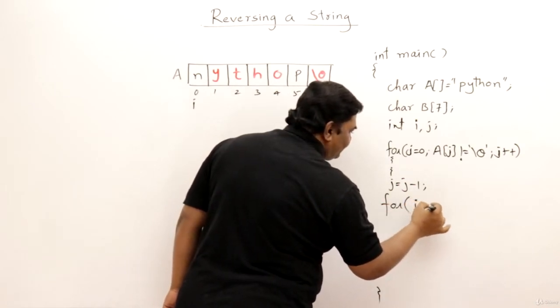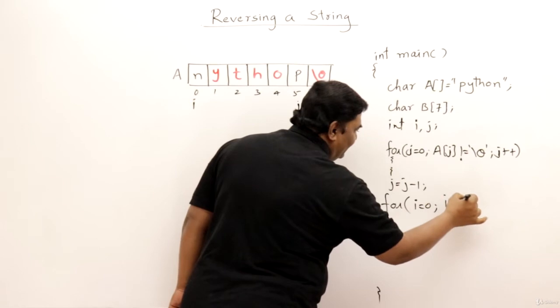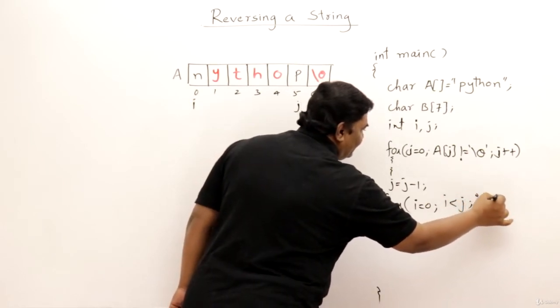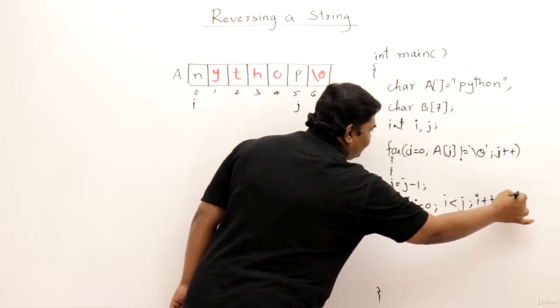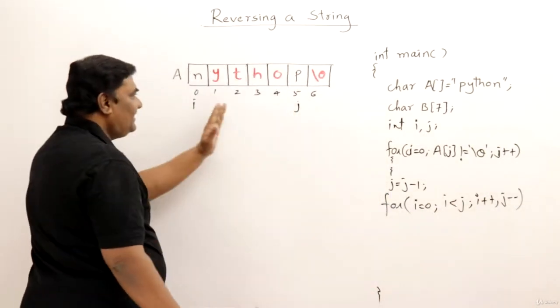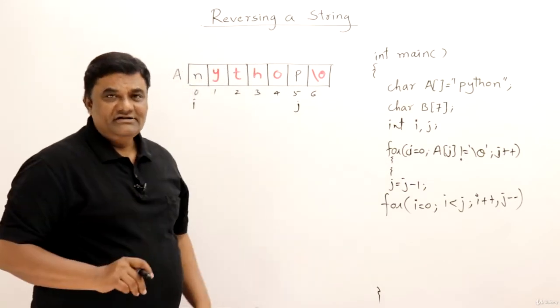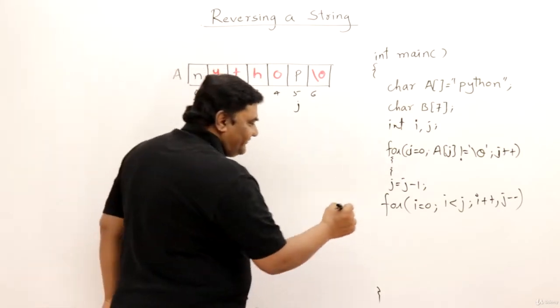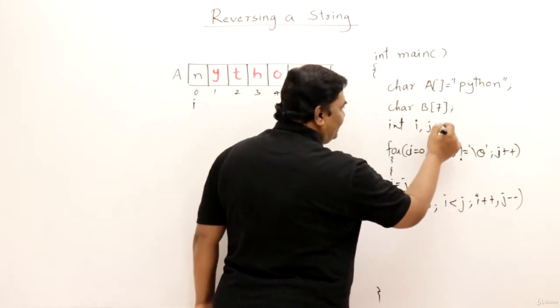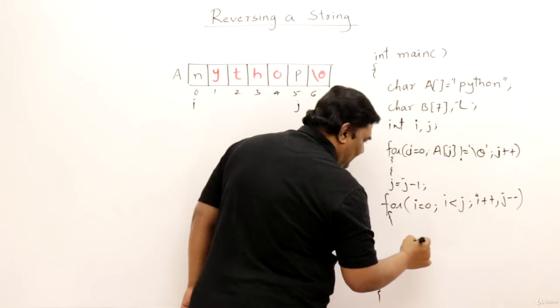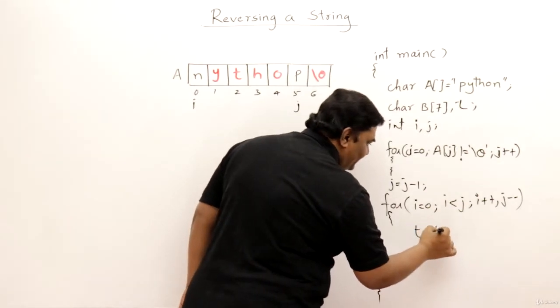For I starts from 0, as long as I is less than J, and I is plus plus and J is minus minus. So we have to increment I and decrement J, and each time interchange the characters. For swapping, I need some variable. So let us take a character type variable T, and with the help of this T we will exchange.